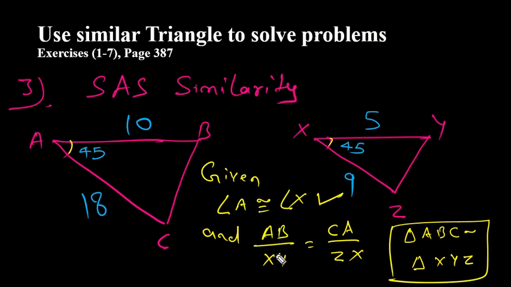Condition 2, AB over XY, AB is 10, XY is 5, 10 over 5 will give you 2. CA is 18, ZX is 9, 18 divided by 9 will give you 2. So when this is also the same, and the angle is also the same, then you can say triangle ABC is similar to triangle XYZ.